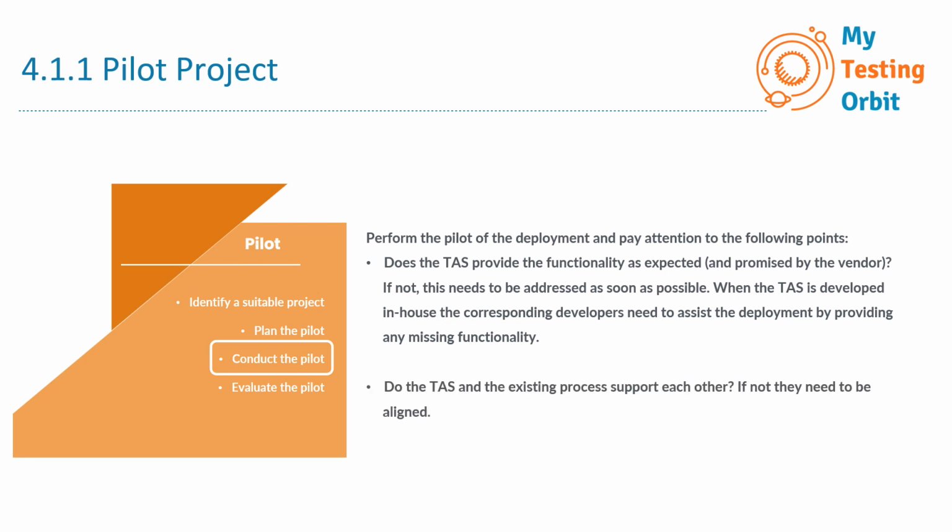Do the TAS and the existing process support each other? If not, they need to be aligned. So conducting the pilot involves evaluating the TAS functionality to ensure it meets expectations and promptly addressing any gaps. Additionally, it also involves aligning the TAS with existing testing processes to maximize its effectiveness within the organization's established workflows.